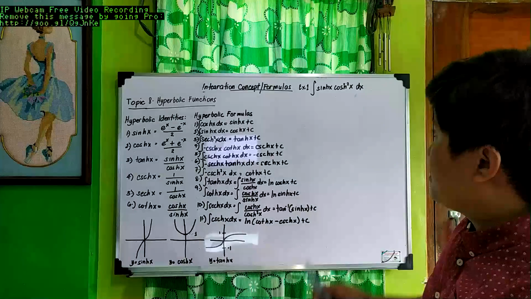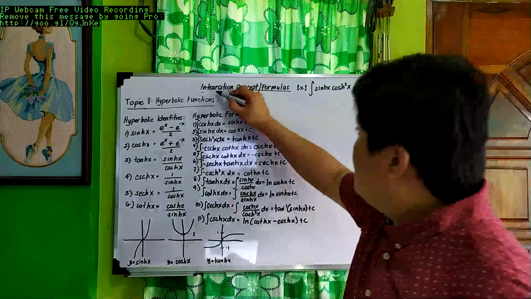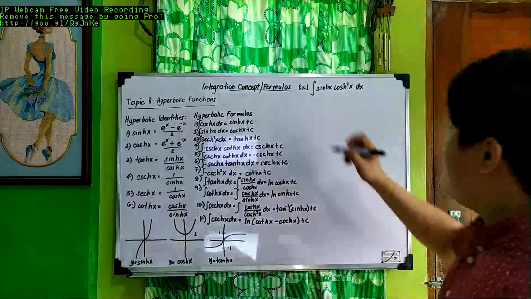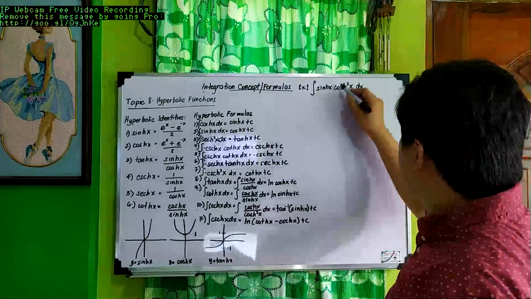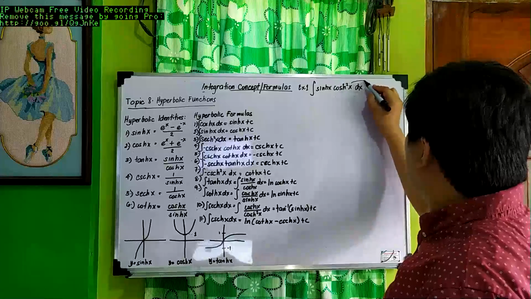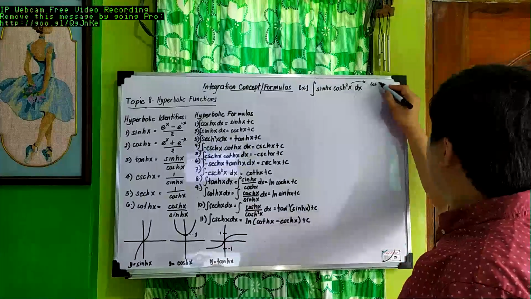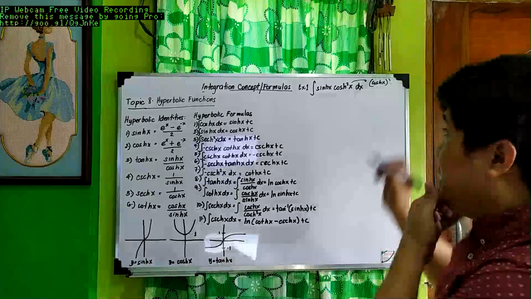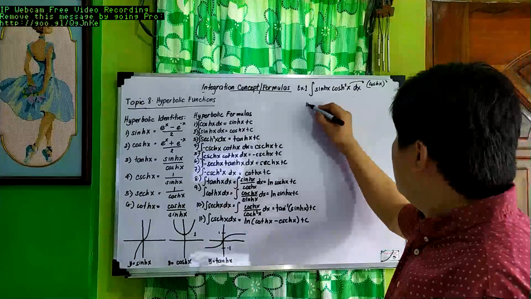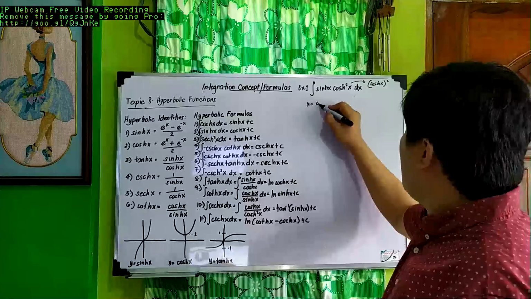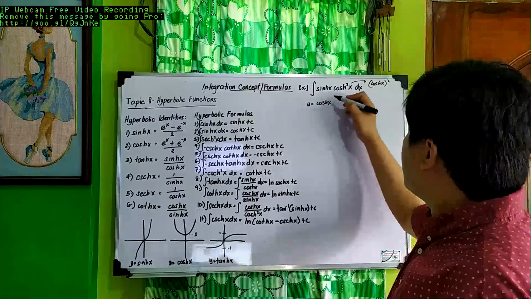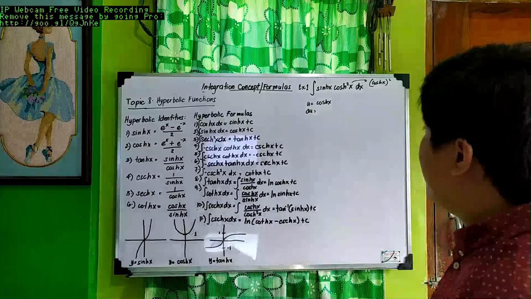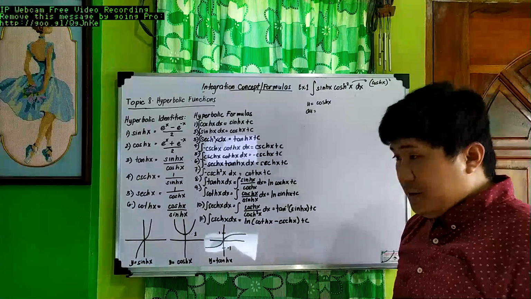Now let's try to solve. This is just equal to cosine hyperbolic x squared. They are the same. Okay? So let's say our u will be cosine hyperbolic x. And your du will be equal to, what is the derivative of cosine hyperbolic?